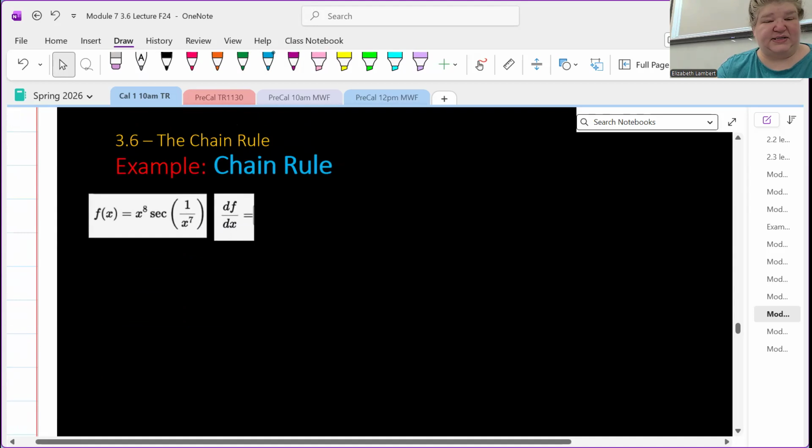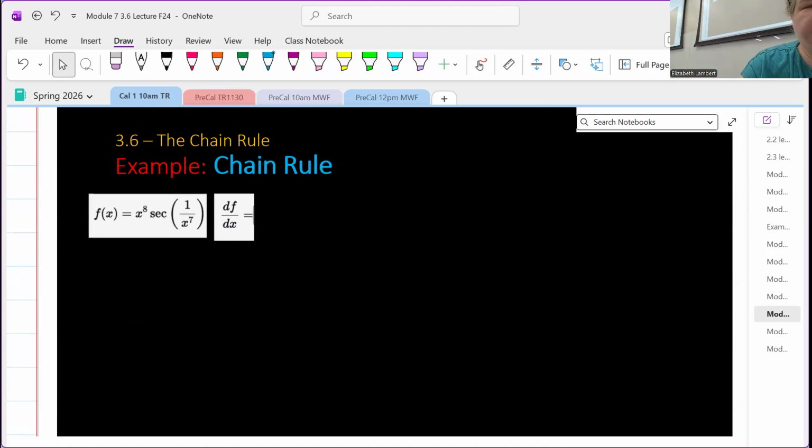All right, so this next example, we have a product rule, and then inside the product rule, we're going to have a chain rule. So I have x to the 8th times secant of thing.